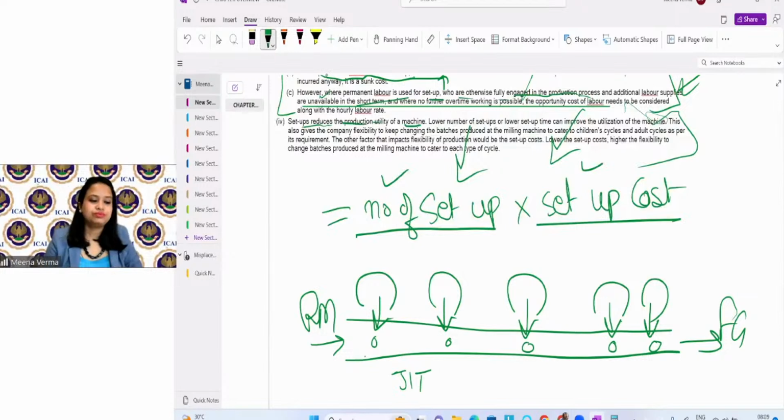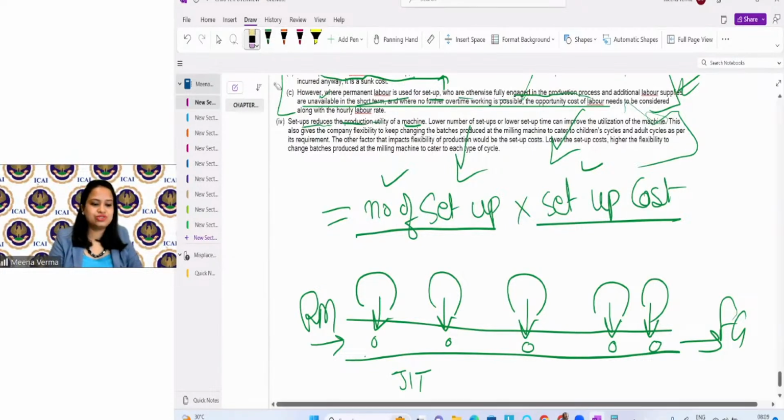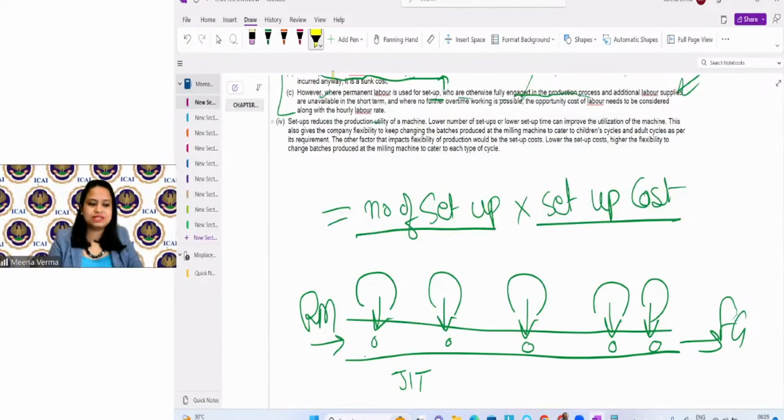So you can see it is mentioned in the answer also: setup reduces the production utility of the machine. If the number of setup is high, it reduces the utility of the machine.